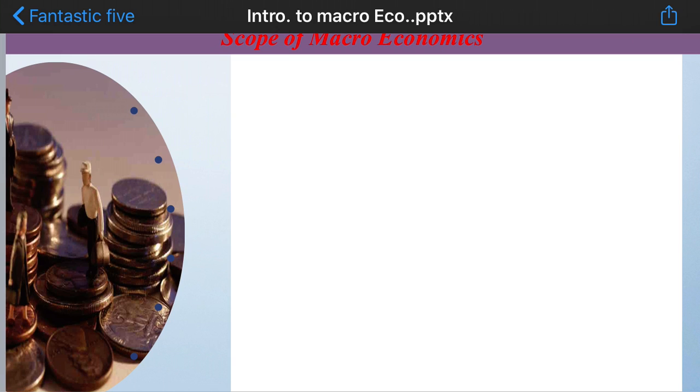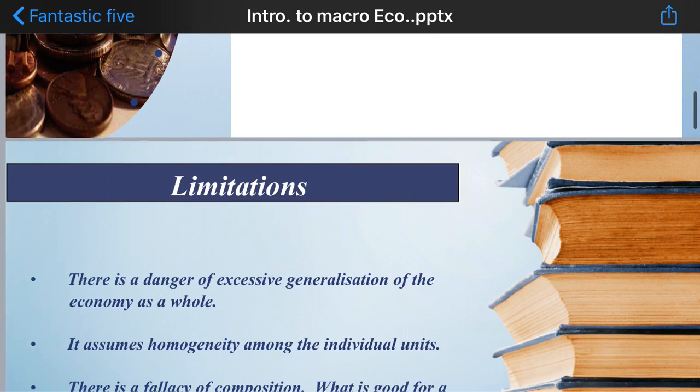So the scope: 1. National income. 2. Inflation. 3. Business cycle. 4. Poverty and unemployment. 5. Economic growth. 6. Economic policies.